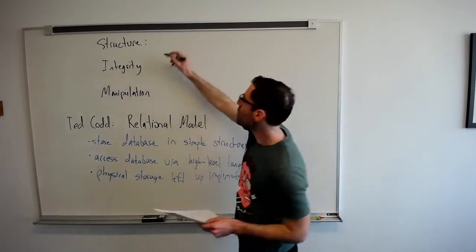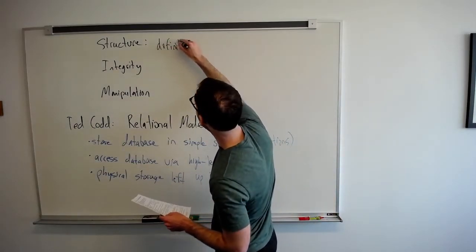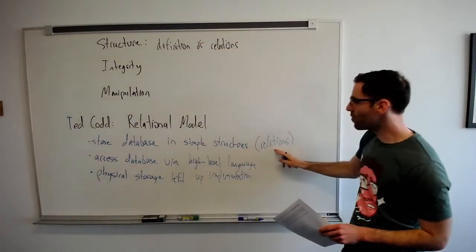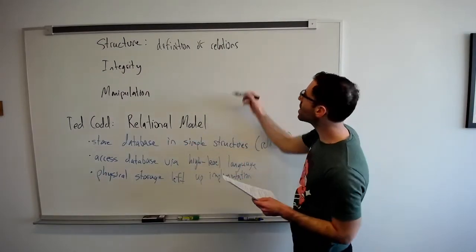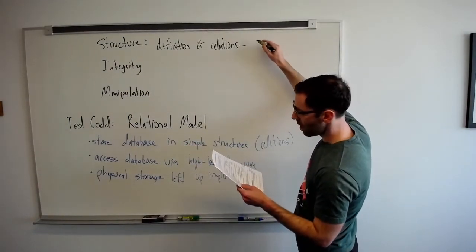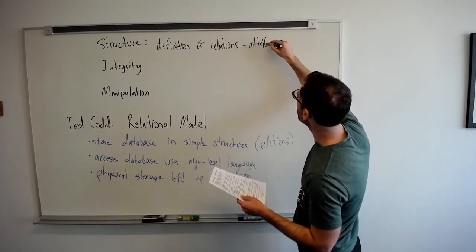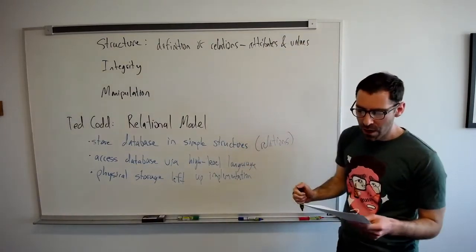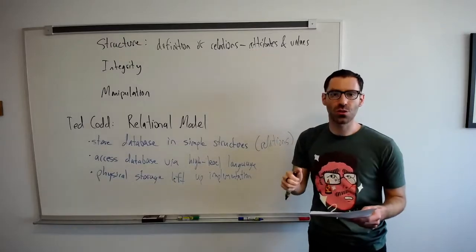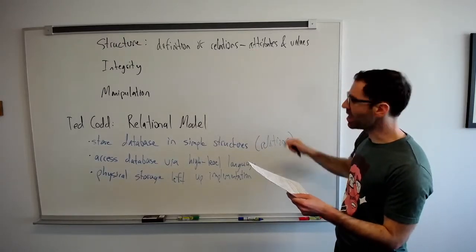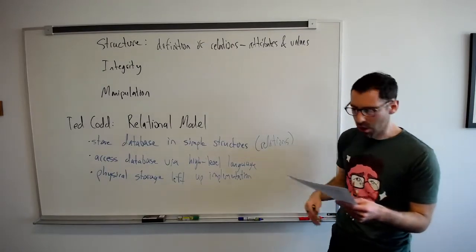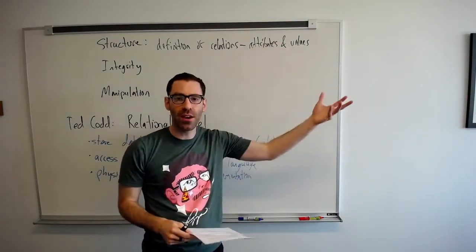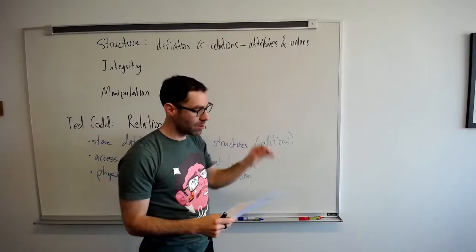All right, so structure is the definition of the relations, of the way we're organizing the data, and this is the attributes that those relations have, what properties are being stored in the database, and the values that we're storing for those properties, or rather the range of values, the domain that those attributes can have.